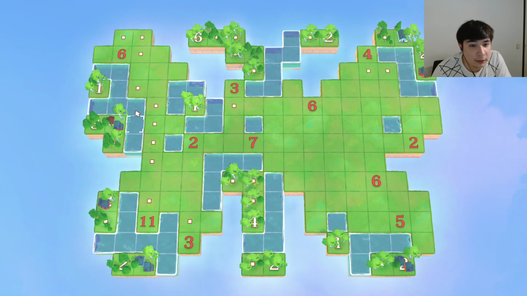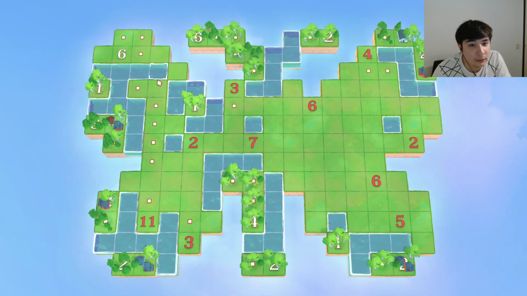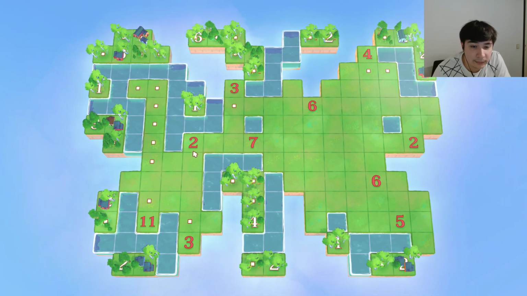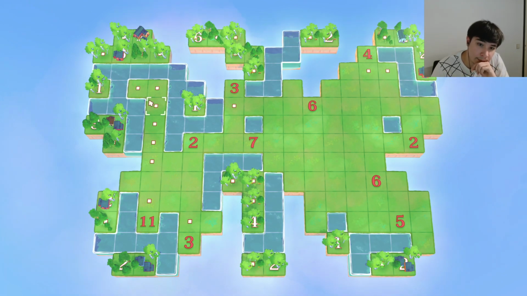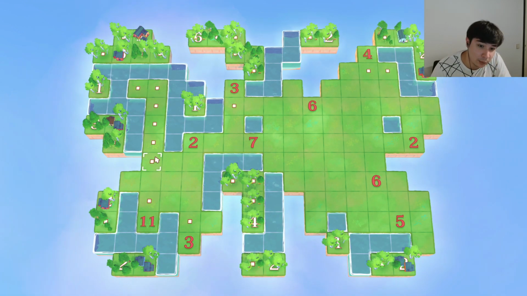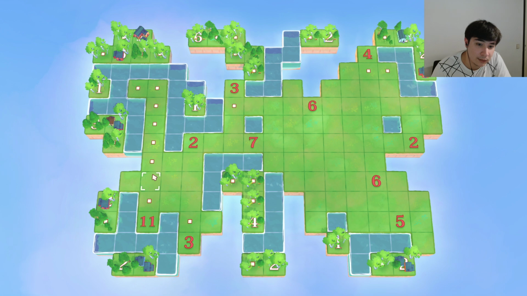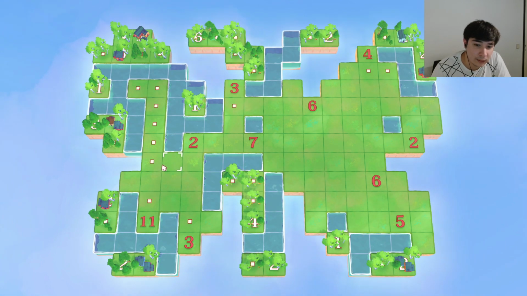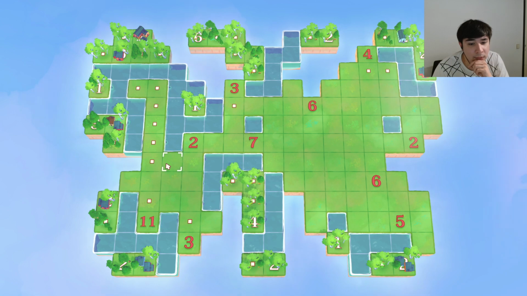I think this water here still needs to connect, so it's actually going to have to go around, like so. So this connection is going to happen between the 11 and this bit. It can go like this. That's still fine, I believe.